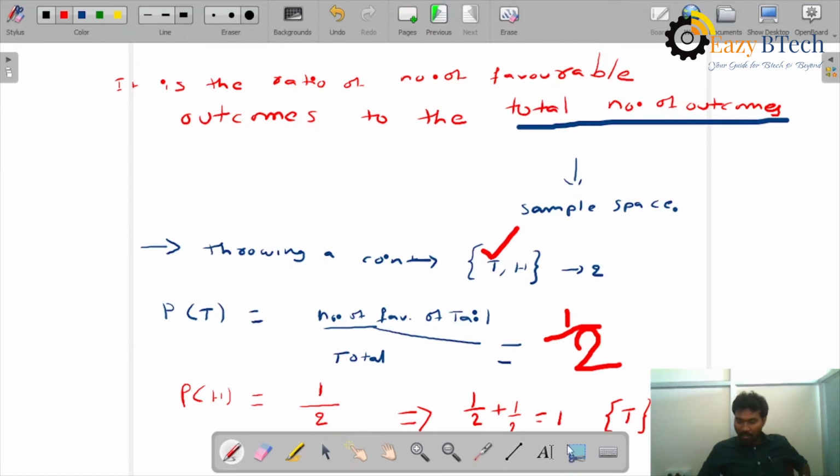That means the probability of the sample space is always equal to 1. It is a main deduction you should remember.